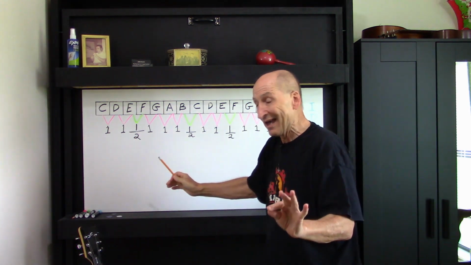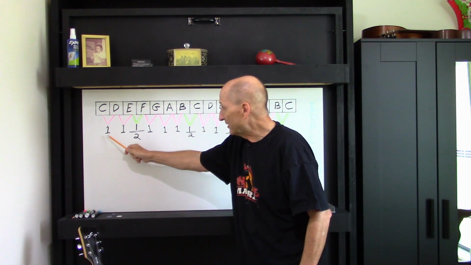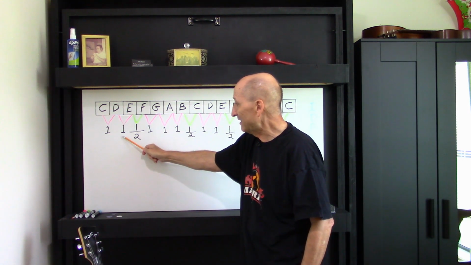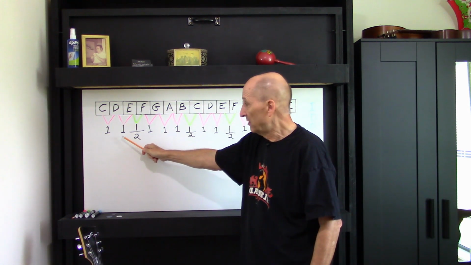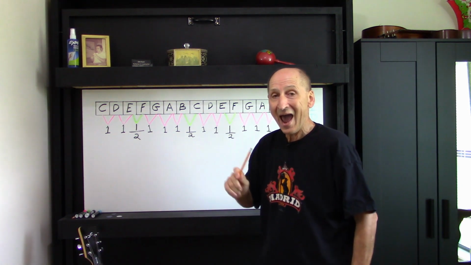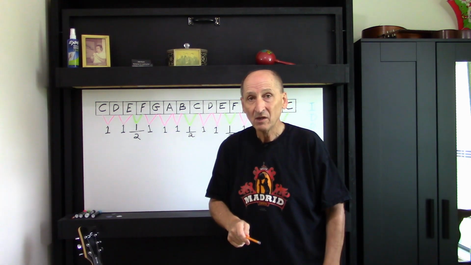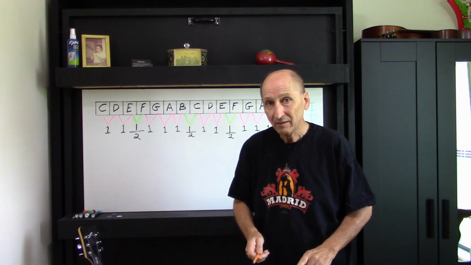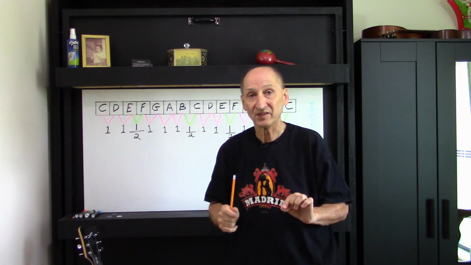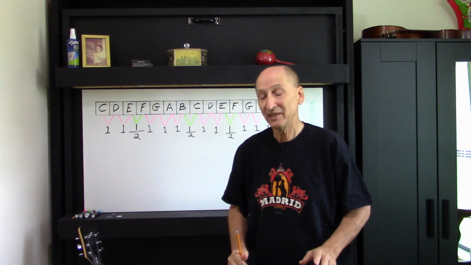So between C and D is 1 step. Between D and E is 1 step. Between E and F is a 1/2 step. How these steps relate to the guitar is 1 step equals 2 frets. Now, what does this mean?